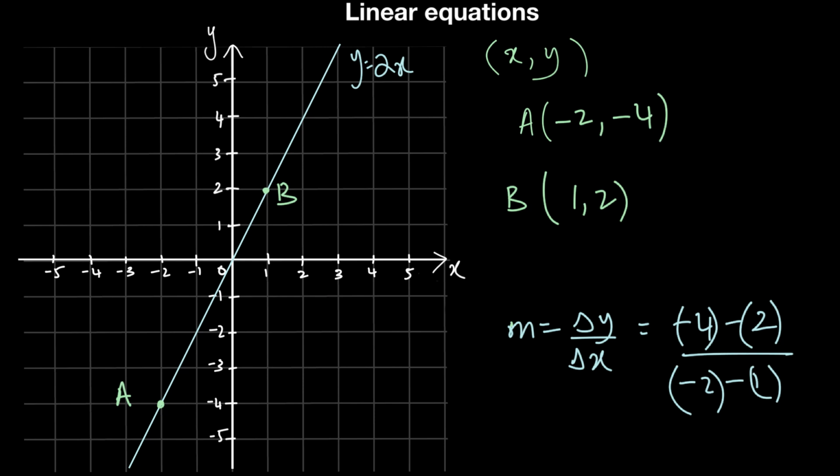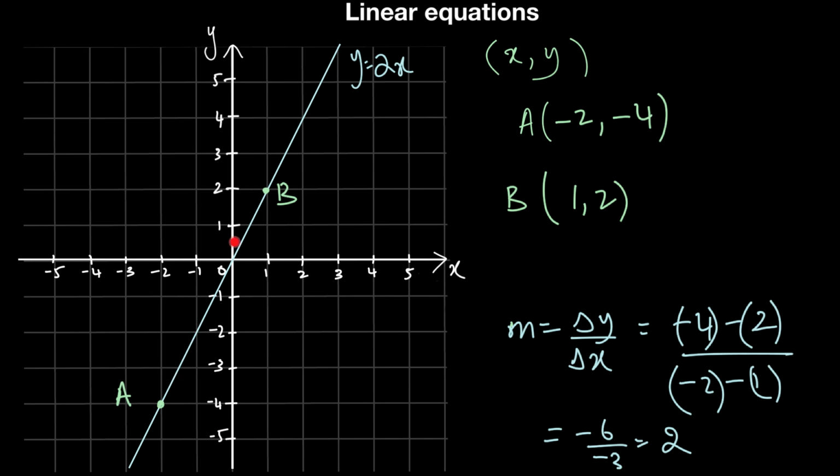So from B to A, my change in y is -6, whereas my change in x is -3. I moved from right to left and I moved downwards. So my slope comes out to -6 over -3, which is again equal to 2. So it doesn't matter whether I choose A or B as the start point. My slope will always come out to the same value.